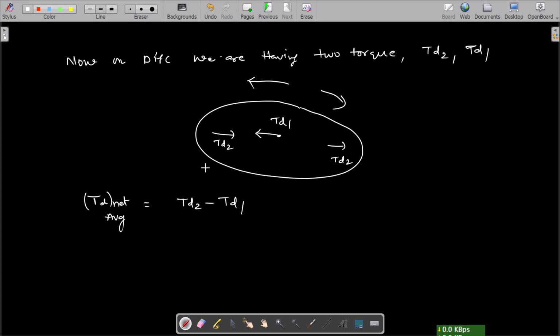Now we will substitute the expressions for TD2 and TD1, and we will write the net torque equation.